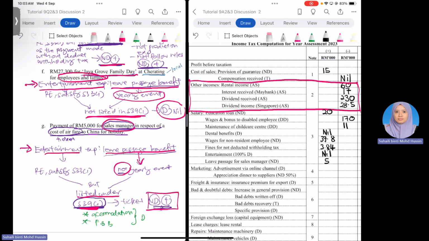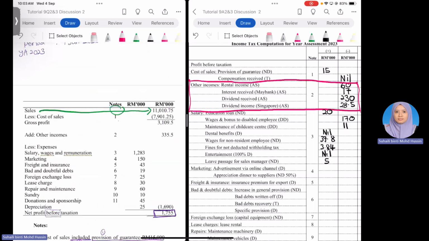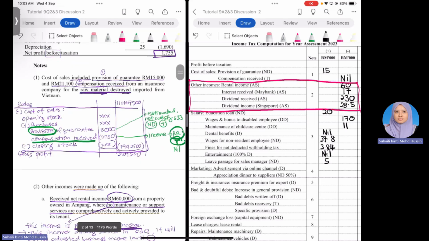Okay, number 4, we have marketing expenses. The company already deducted 150,000 ringgit in SOCI. So we see what is included under the amount.